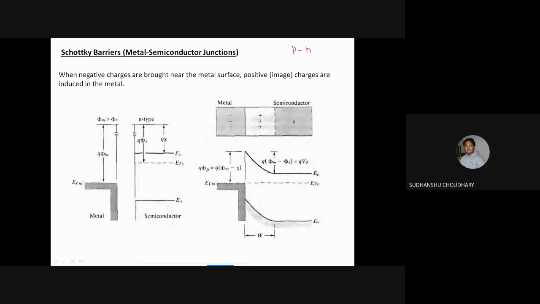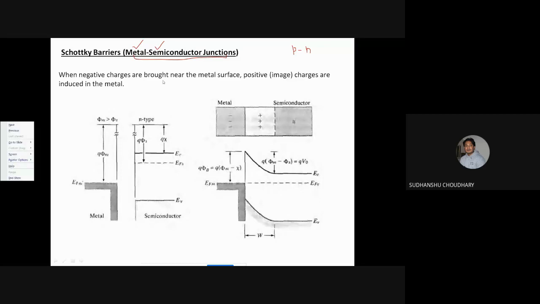Now a diode can also be created if you contact a metal with a semiconductor, which is called a metal semiconductor junction.